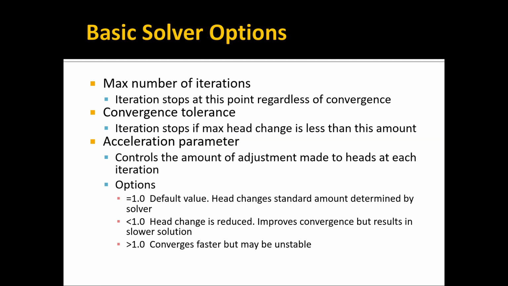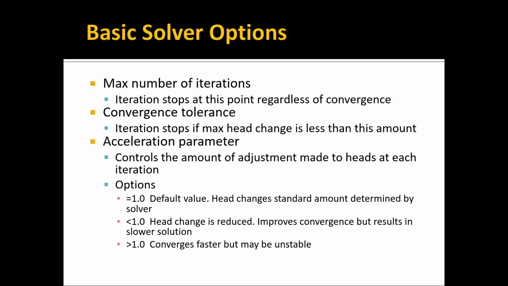Sometimes, however, it's not uncommon to have a situation where we get in a state that we call oscillation. You'll look at the convergence graph in GMS, and there's a head in a cell somewhere that's just going up and down and up and down. It moves too far up and then too far down.